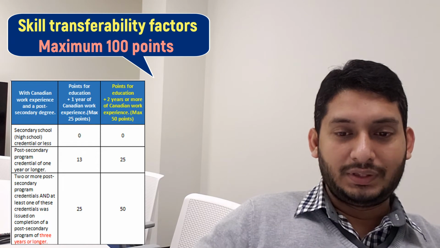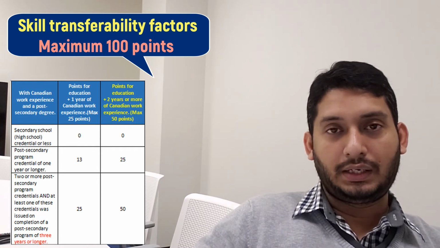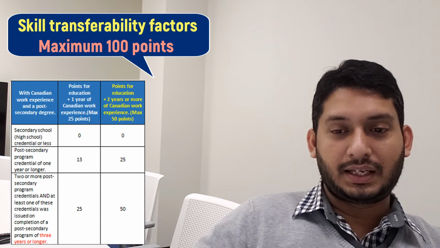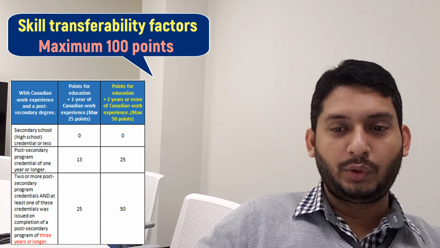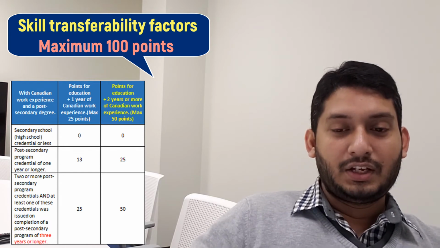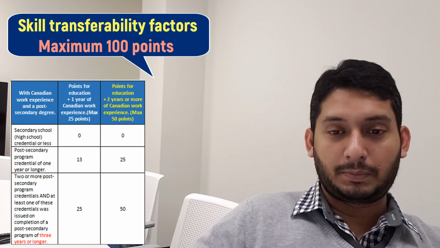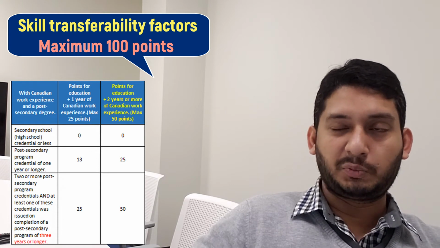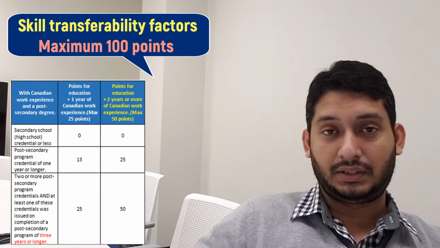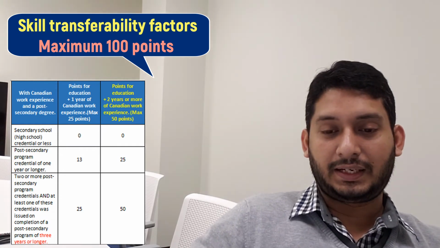With the same level of degree, if you have 1 year of Canadian experience, you get 13, and with 2 years or more, you get 25 for the post-secondary program. Please check this table properly if you have any Canadian experience, which I think most of us will not have, but if you're lucky enough, please feel free to check.